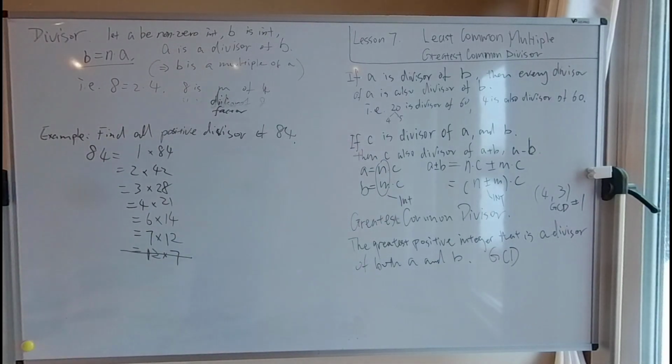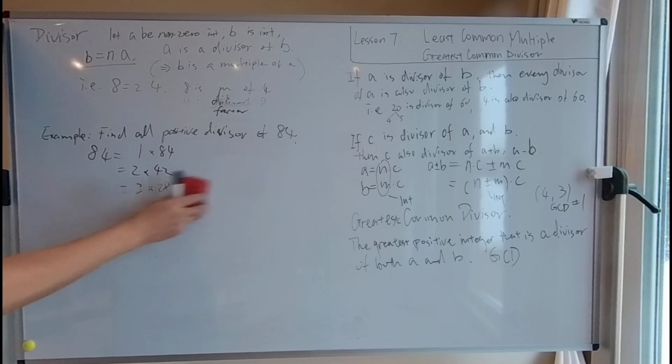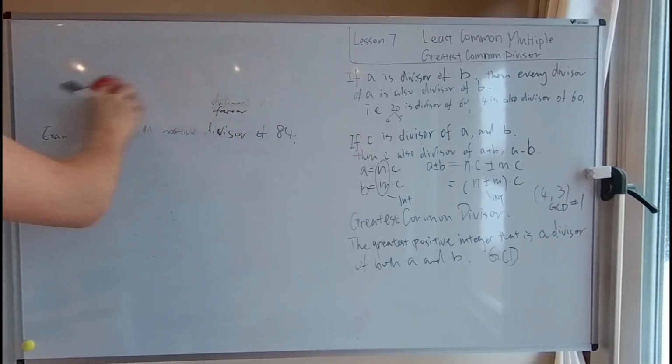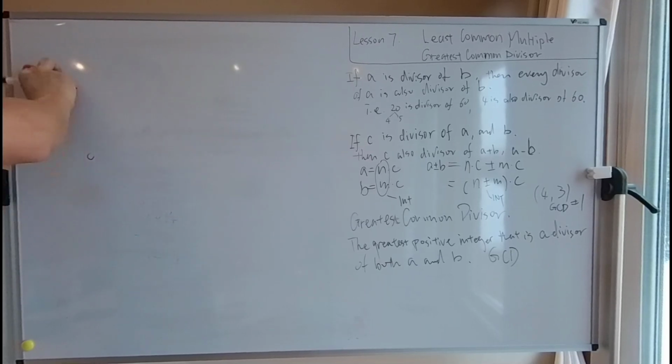So how do we find the GCD between two numbers or between a bunch of numbers?